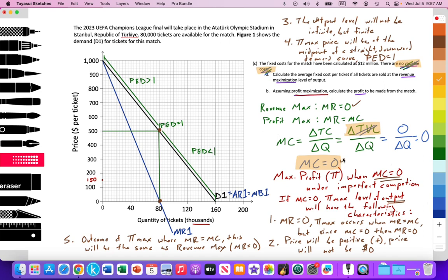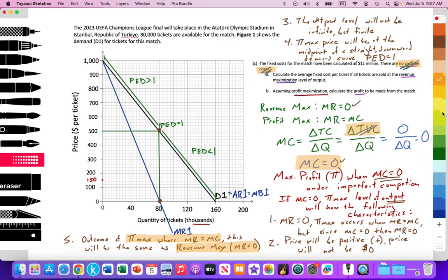And thus, all of these conditions are going to be met, 1, 2, 3, 4, 5, and profit maximization of MR equals MC is going to be the same as revenue maximization, where MR equals 0. So we have all the information we need to calculate profit.